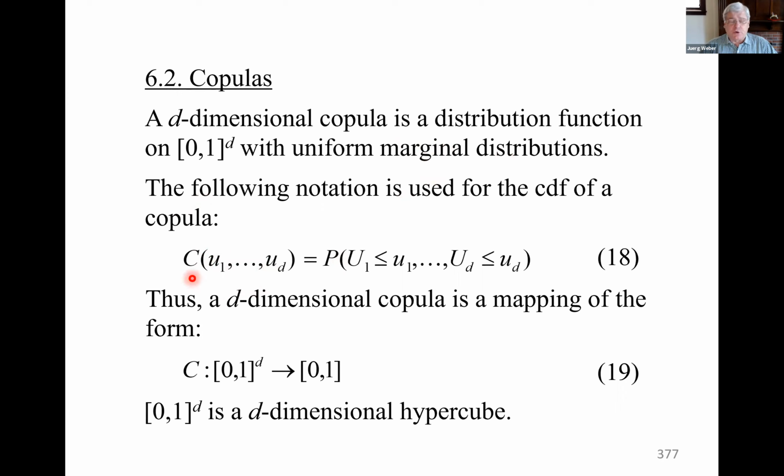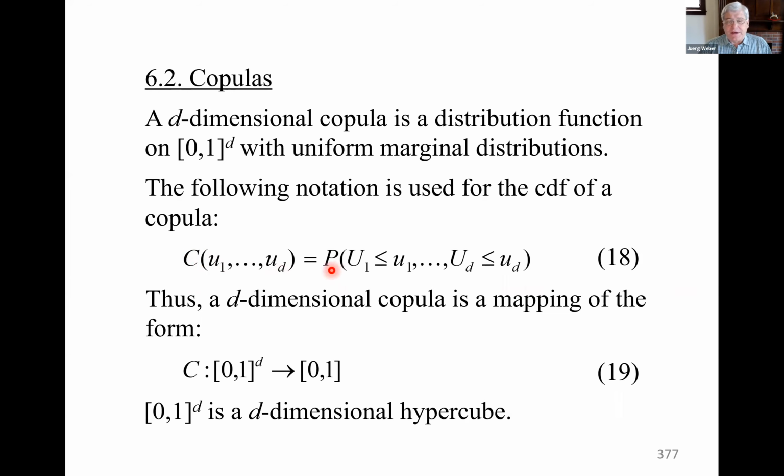Then you speak about the copula, and for this joint distribution function, we take a capital letter C. We don't take a capital letter F. But if you prefer to take an F, that's naturally just a convention. You can also take an F, maybe with a subscript C. But it's common notation for the CDF of a copula to use the capital letter C.